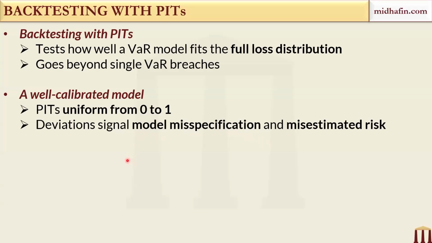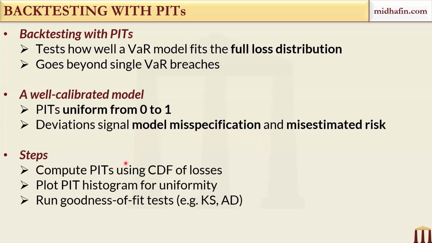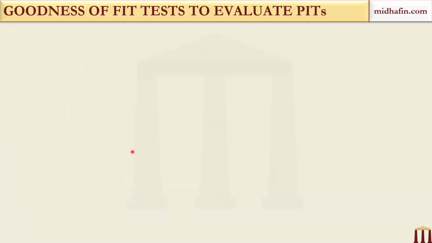So the PIT values give you a full picture of how well your model captures all possible outcomes, far beyond just counting exceedances. And what are the steps that are involved?